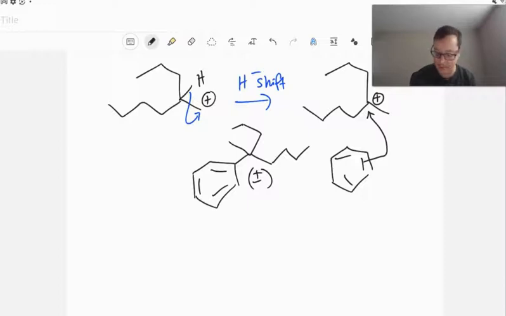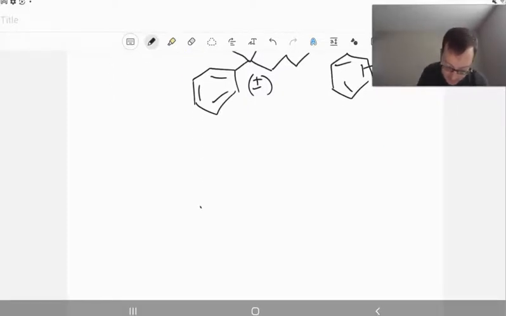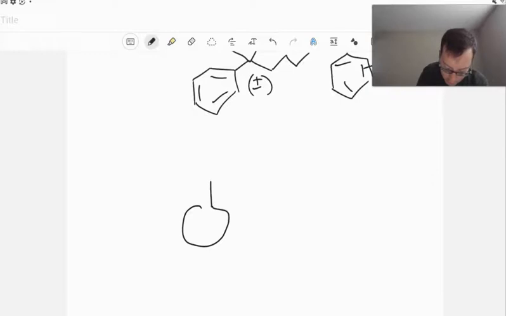Dean Stark, remember, is the apparatus that helps take water out of your reaction to help push the equilibrium forward. That's all it does. So remember, that's the thing that looks like it has a little drippy part.